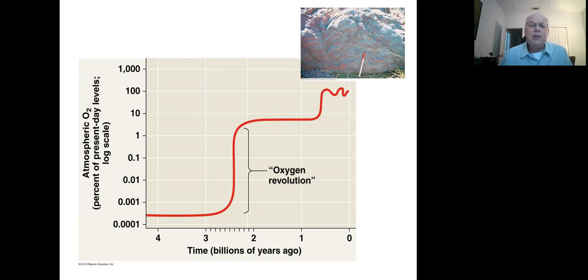Some of them took a second route to survival, and that is they moved to those areas that remained largely anaerobic and are probably in some way related to the number of anaerobic organisms that we still have present today. So you may recall that there are anaerobic bacteria still present in the environment.